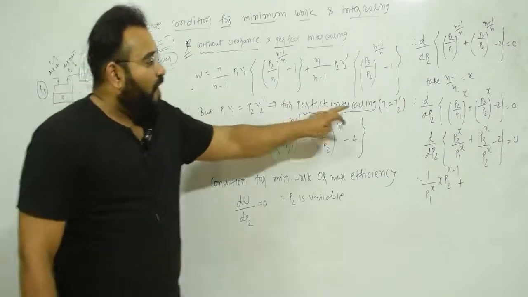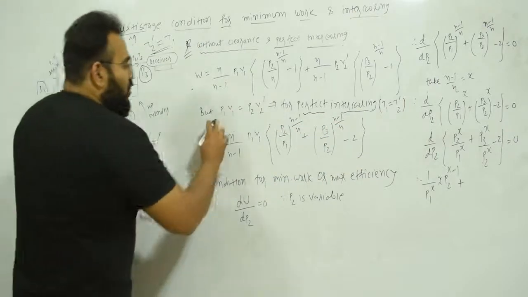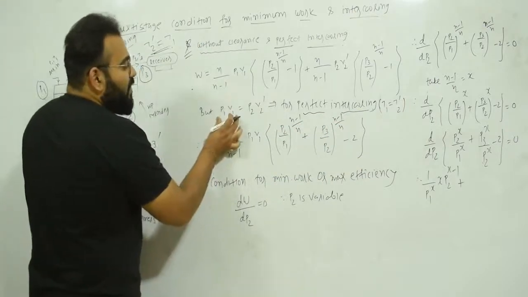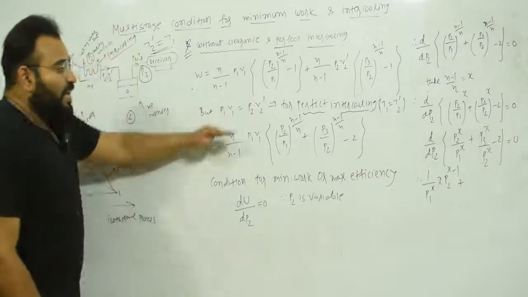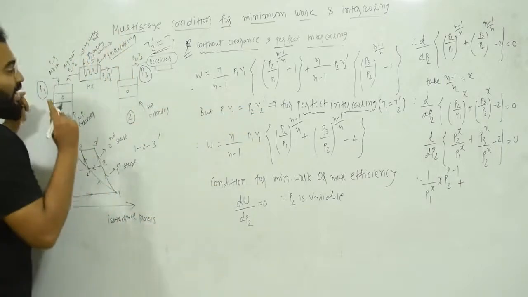So for perfect intercooling, we know that T1 equals T2 dash. That's why they have written P1 V1 equals P2 V2 dash. Most students will be surprised: sir, how can you write that? Let me explain.